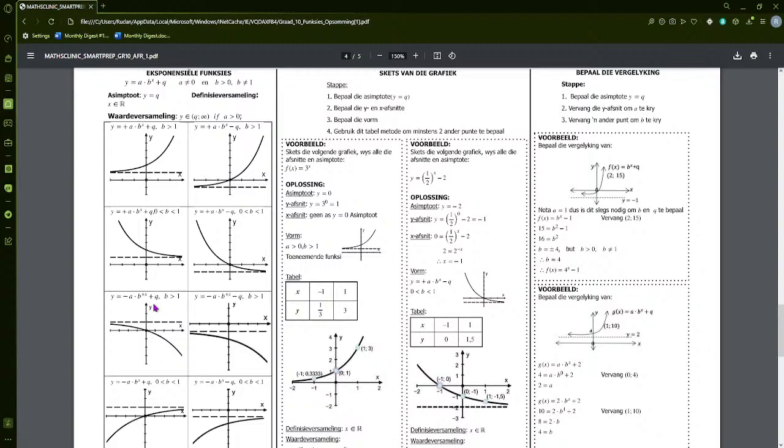After that, you are going to find the form. And you're going to determine 2 extra plot points.